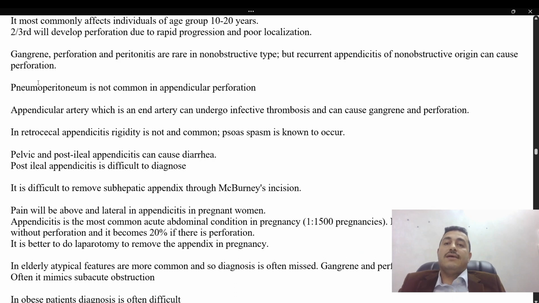We said that perforation most likely to develop before patient reach the hospital, okay.